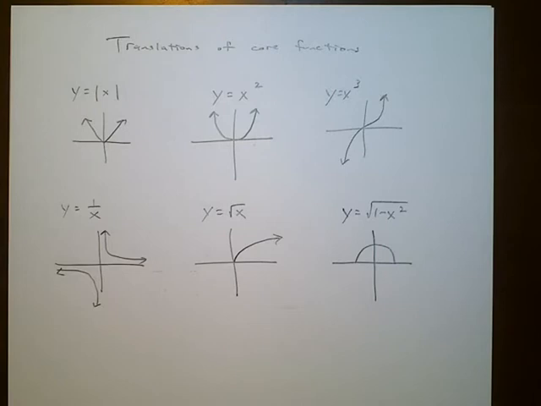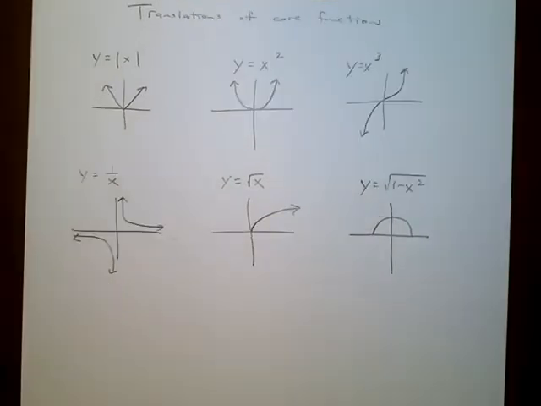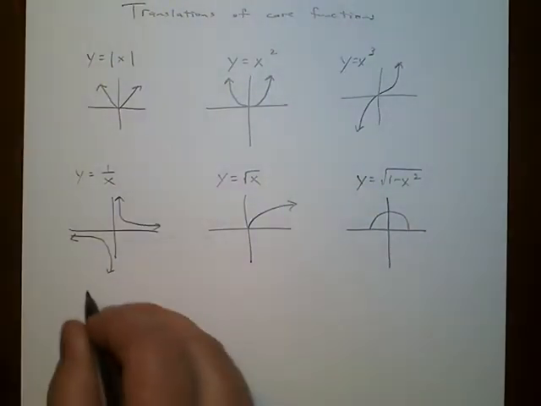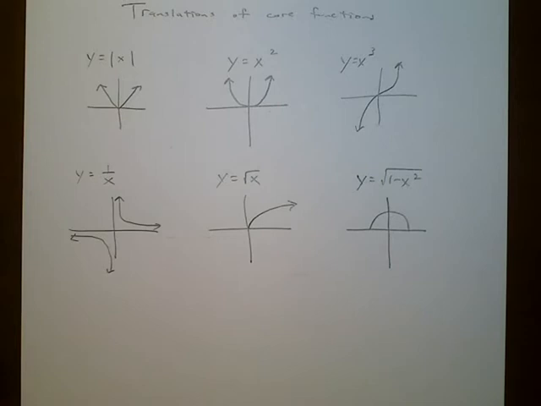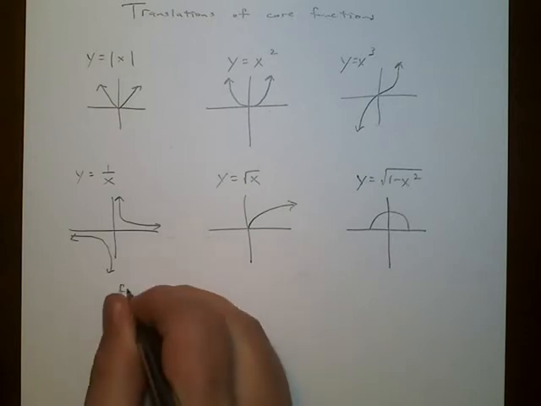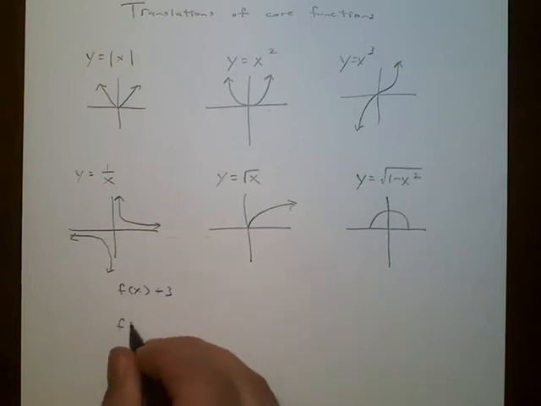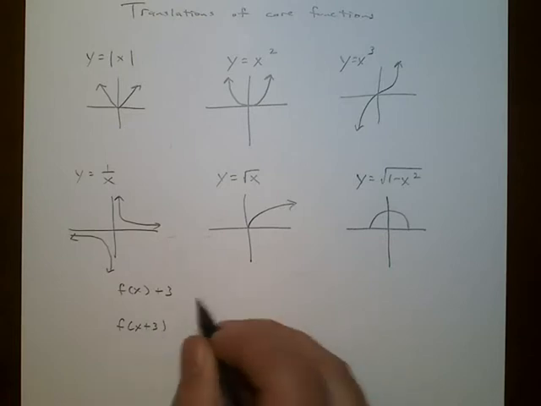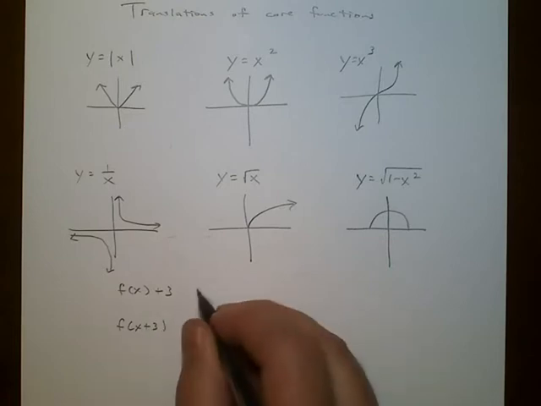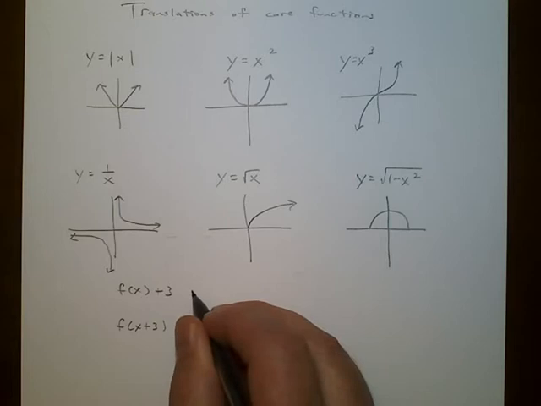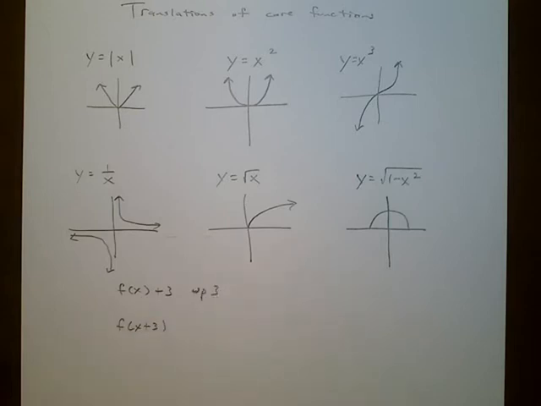So rules of translation are, if we have a function, and we'll write down our rules in function notation. So I'm going to write a few of them down. If we took f of x and added 3 externally to that, I say externally as opposed to f of x plus 3, which would be adding internally. If we did plus 3 externally, that's going to be a vertical shift, or move that up 3.